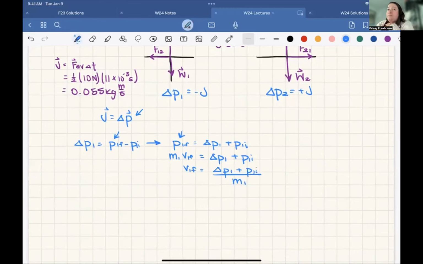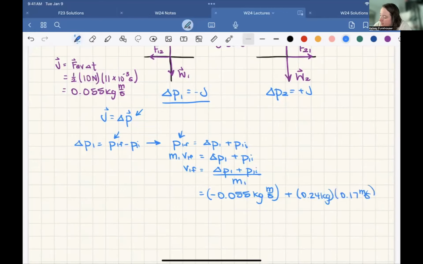We get the change in momentum plus the initial momentum over the mass. And now we plug this in, and remember that the change in momentum for 1 is negative the impulse, so negative 0.055 kilogram meters per second, plus the mass of the first one, which is 0.24 kilograms, times the initial velocity, 0.17 meters per second.